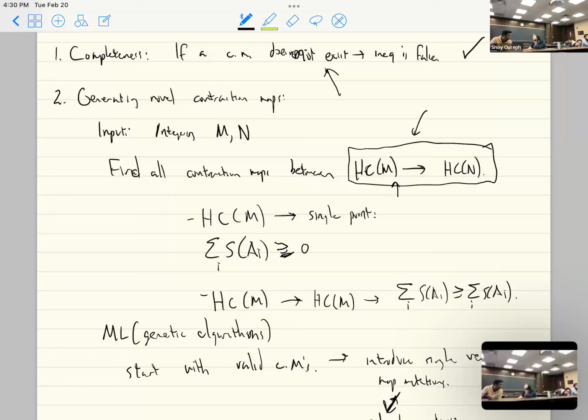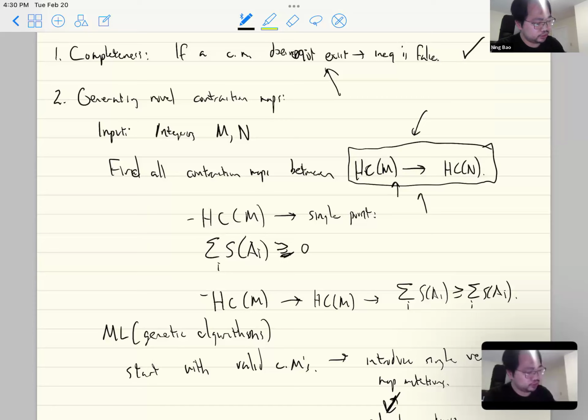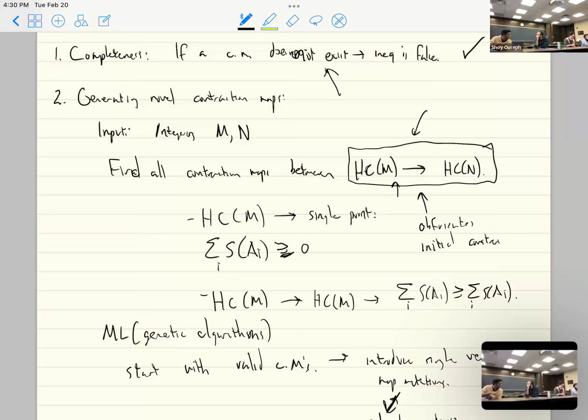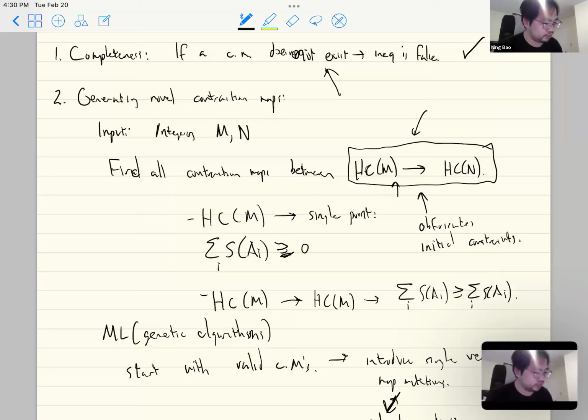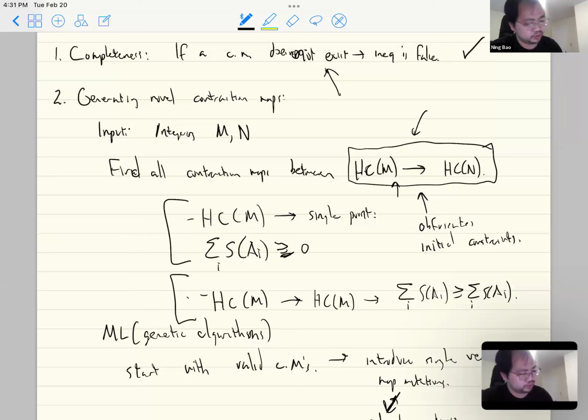Now, it's worth pointing out that this way of thinking about things completely obfuscates the initial constraints. That's because whether a contraction map obeys the contraction condition is independent of the existence of these initial conditions. That's why we can land on these trivial ones where previously we couldn't. Once you find many or all of these contraction maps, you can retroactively restore what the initial conditions are.